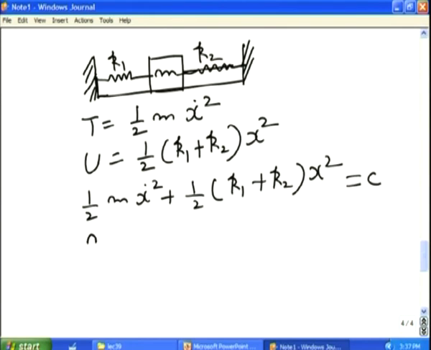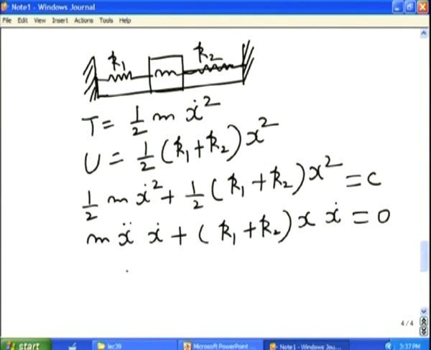Differentiate it with respect to time, you get m x dot x double dot plus k1 plus k2 x x dot is equal to 0. So you get the differential equation as m x double dot plus k1 plus k2 into x is equal to 0.